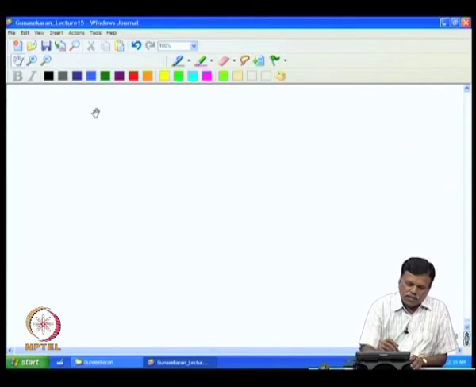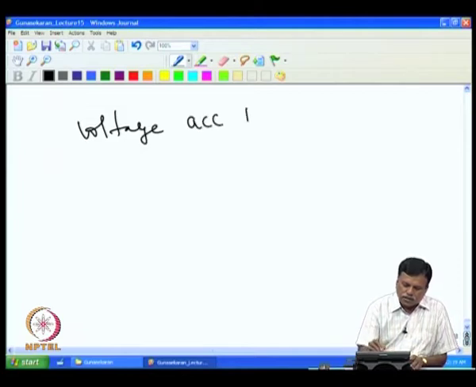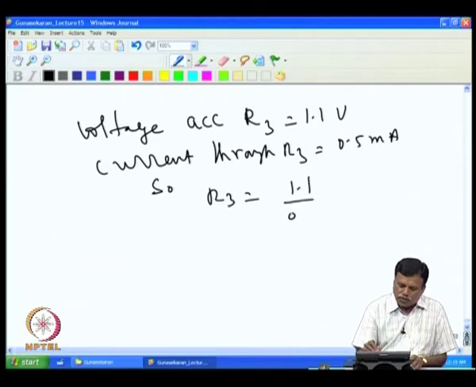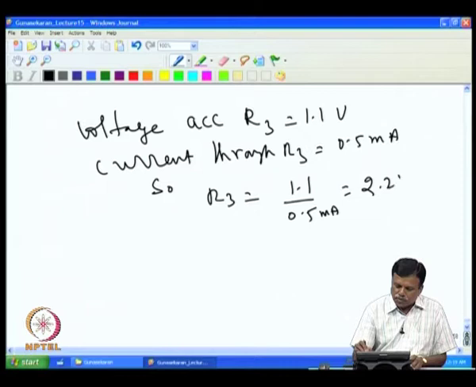So, now we can complete the design. The voltage across R3 is 1.1 volt, and the current through R3 is 0.5 milliamps. So, R3 actually comes 1.1 divided by 0.5, that equals 2.2 k.